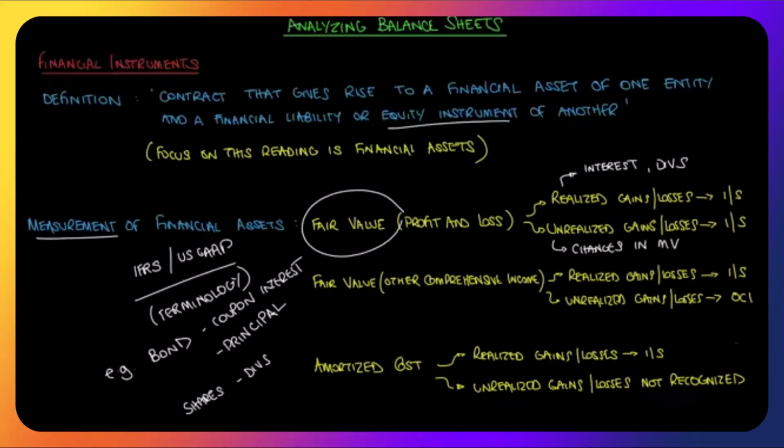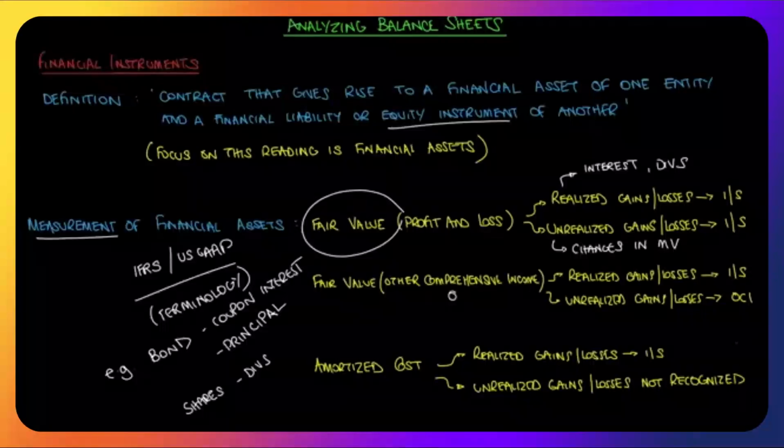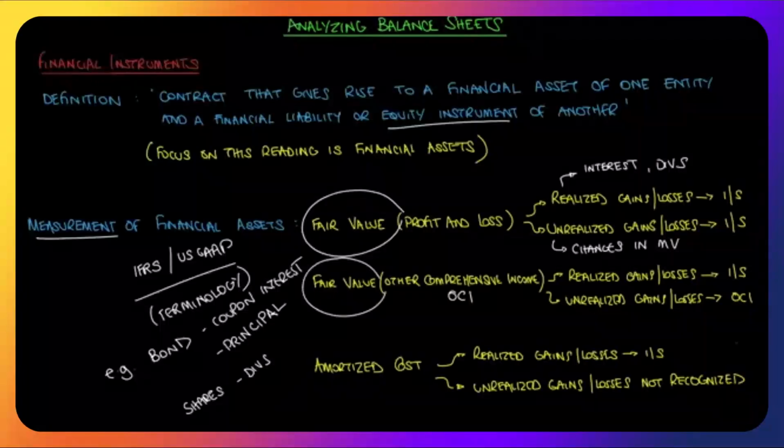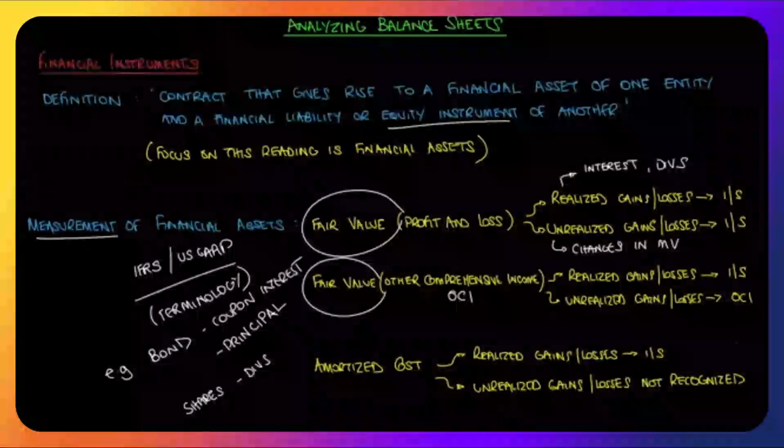Second method, fair value through other comprehensive income, OCI. Again, something you've met in the pre-reads or in another life somewhere. How does that work? Similar name, similar treatment. Realized gains and losses go to the income statement. Unrealized gains and losses are still recognized.